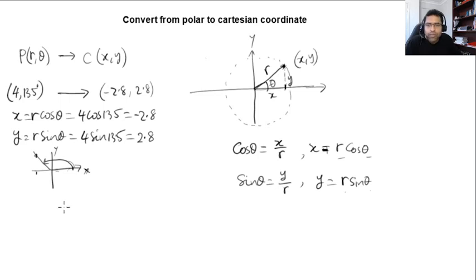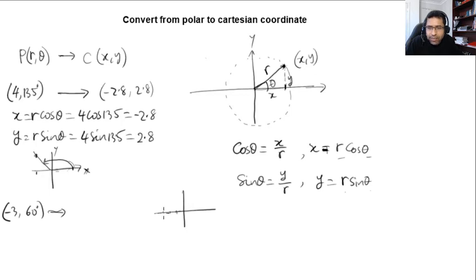Now, the next one is an example with a negative r. Students often get confused when r is negative, but we don't need to worry about it at all, because we can just apply the same formula. Say we have negative 3 and 60 degrees, and we are converting it to Cartesian coordinates. To see which quadrant it's in, we have negative 3 for r and a positive angle of 60 degrees.